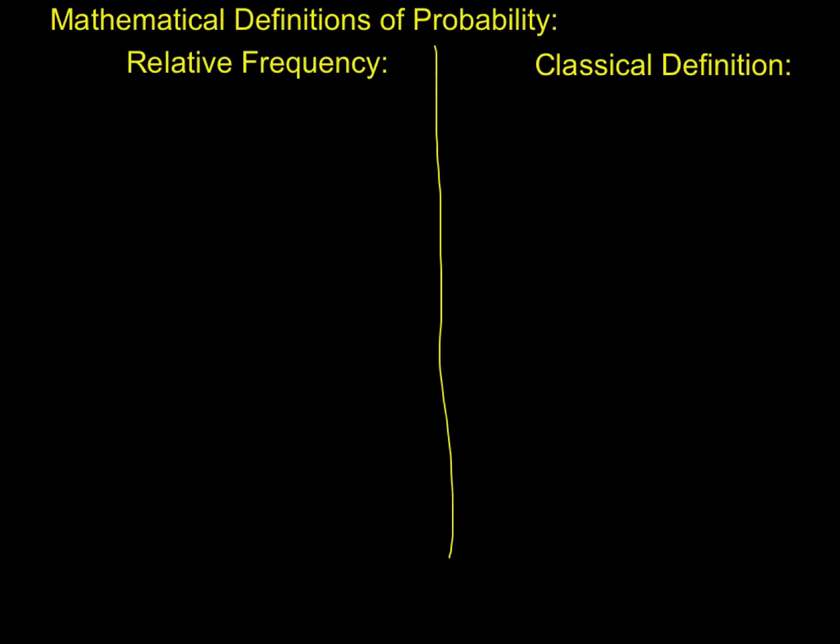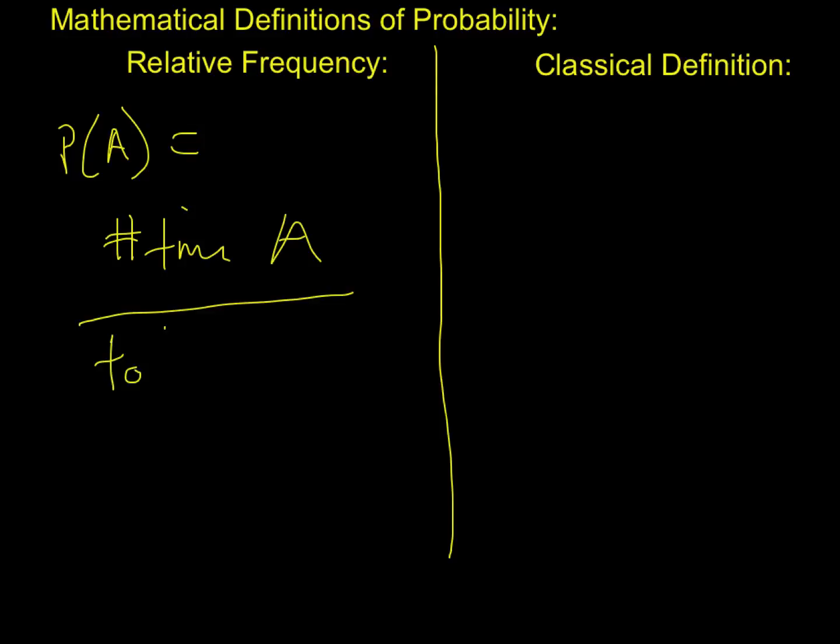So in probability, we have two major definitions of the entire concept of probability. One is the relative frequency approach, where the probability of event A is equal to the number of times event A occurred divided by the total number of events.